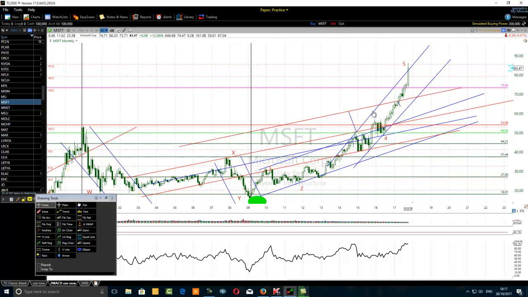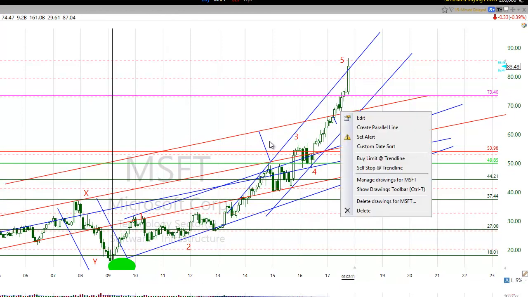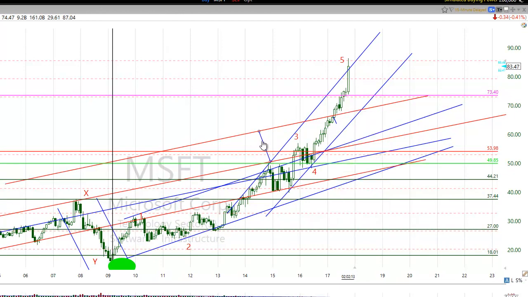Okay, that's it. Here it is, it breaks, retests here. And you can continue to do that all the way up here. One more time, parallel to the first red channel.